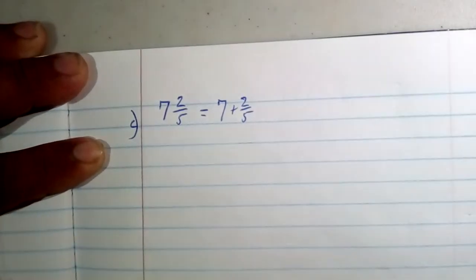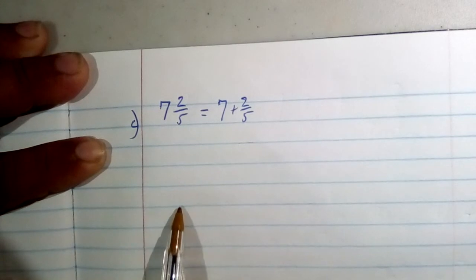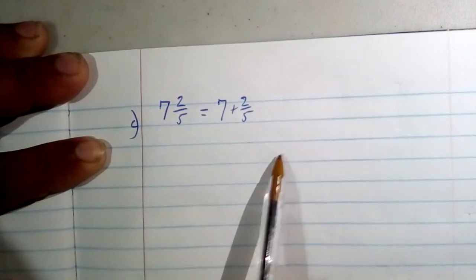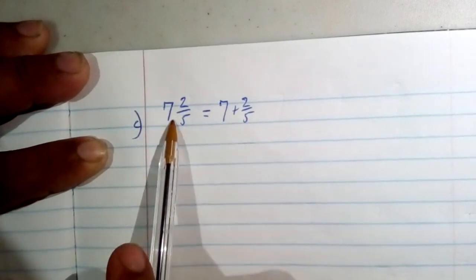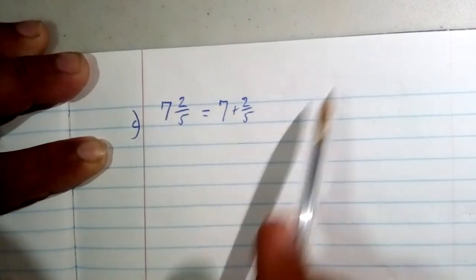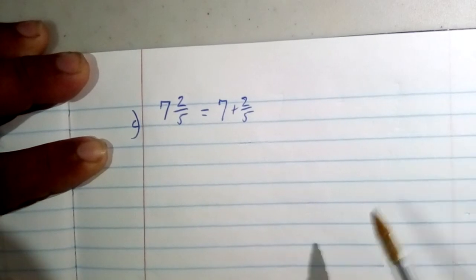Now this has a shortcut method, and it also has a long method if you want to break it down. But in order to obtain the result with far less work, this is the way you are going to change a mixed number to an improper fraction, and then we will get to understand what an improper fraction is and why we call it an improper fraction.